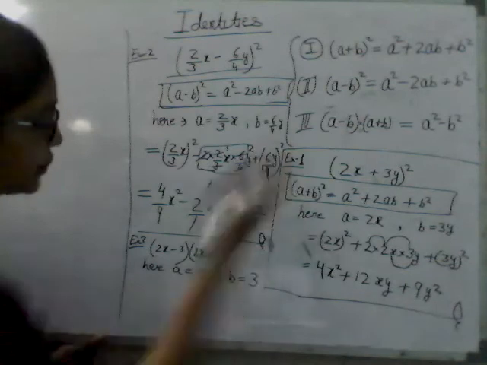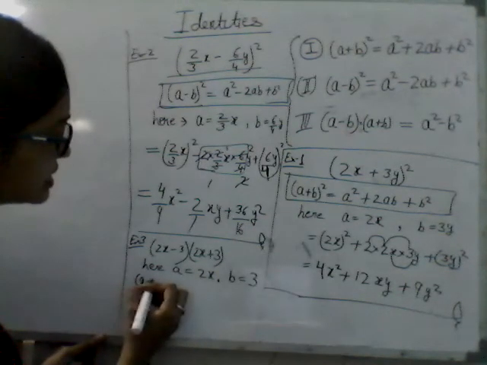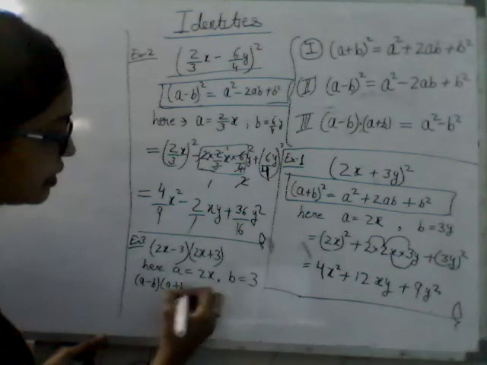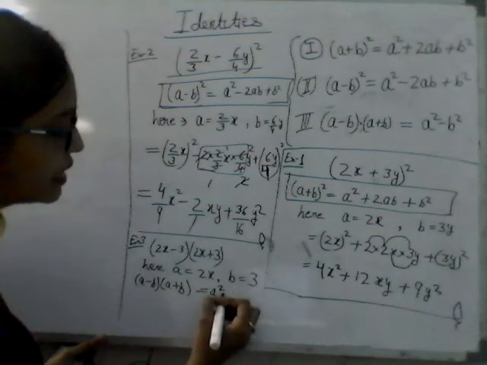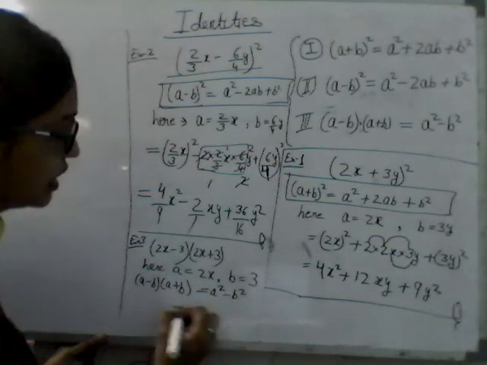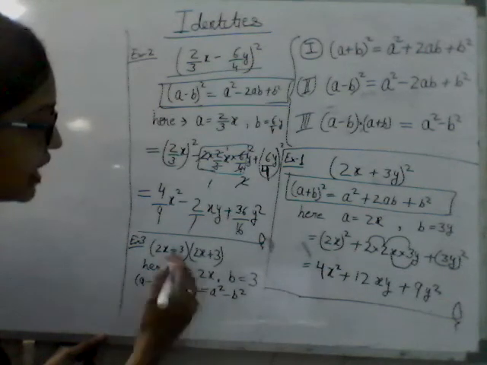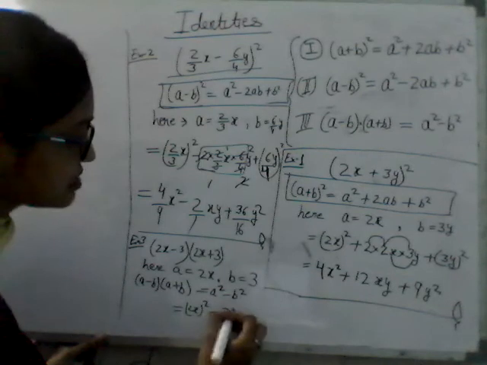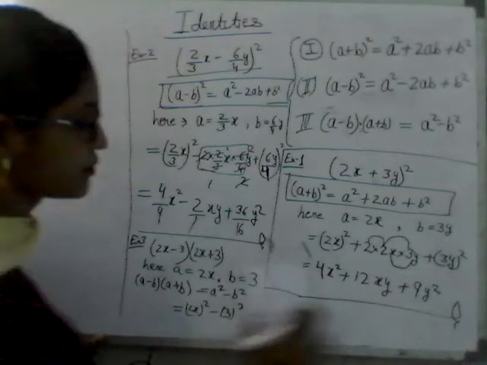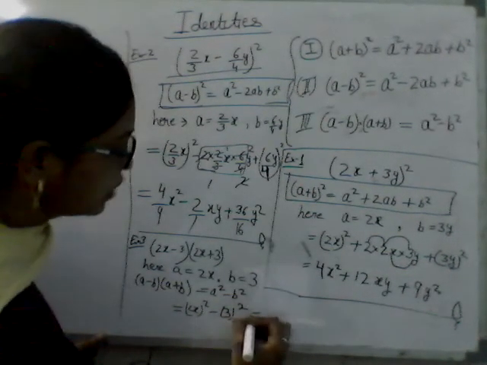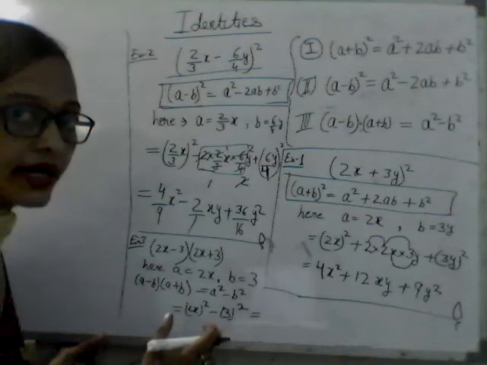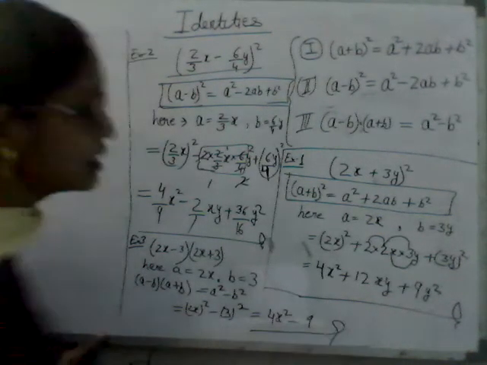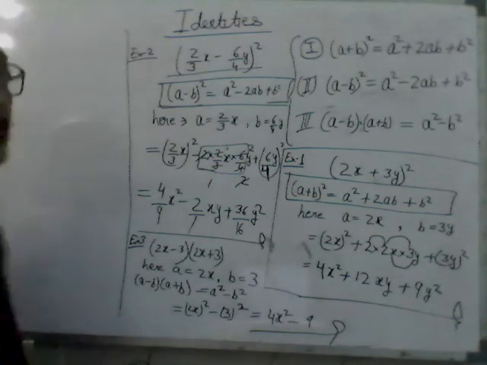Now using the third identity, (a minus b)(a plus b) equals a square minus b square. Putting the values in the given expression, (2x) whole square minus 3 whole square equals 4x square minus 9. This is the answer of this equation.